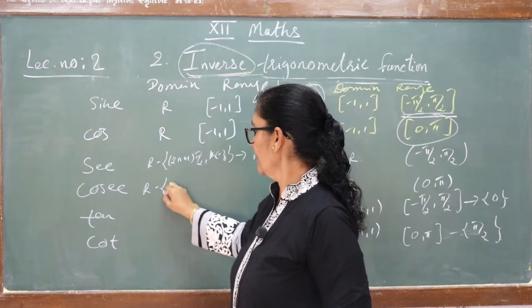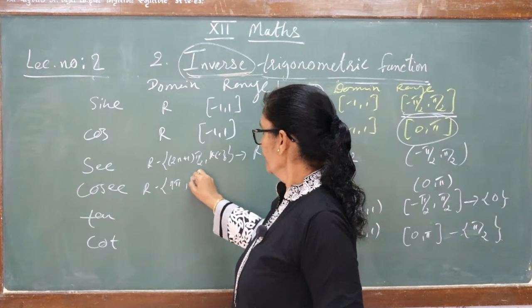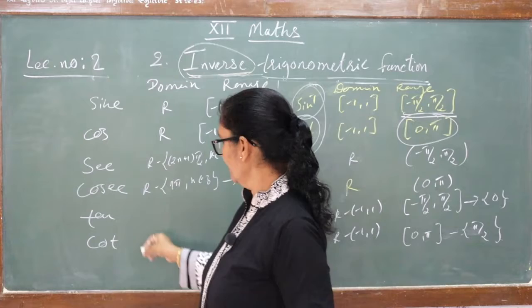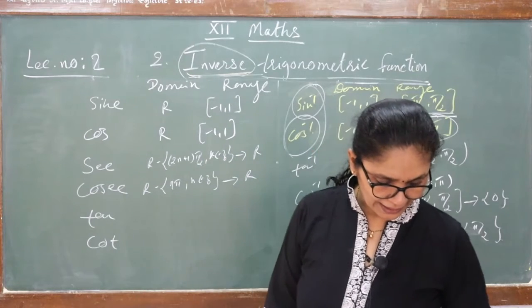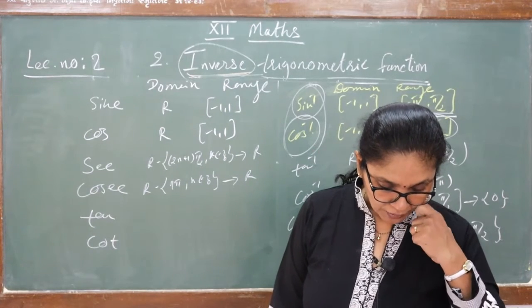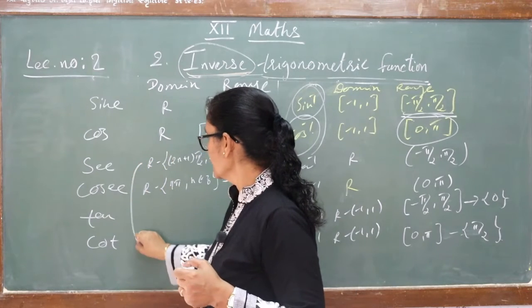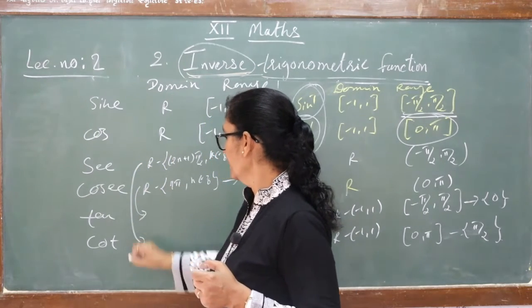Similarly, cosec becomes 0 at n pi, where n belongs to Z. Same way tan. For tan and cot, for both you have to take the same thing as for sec, cot and cosec this way.